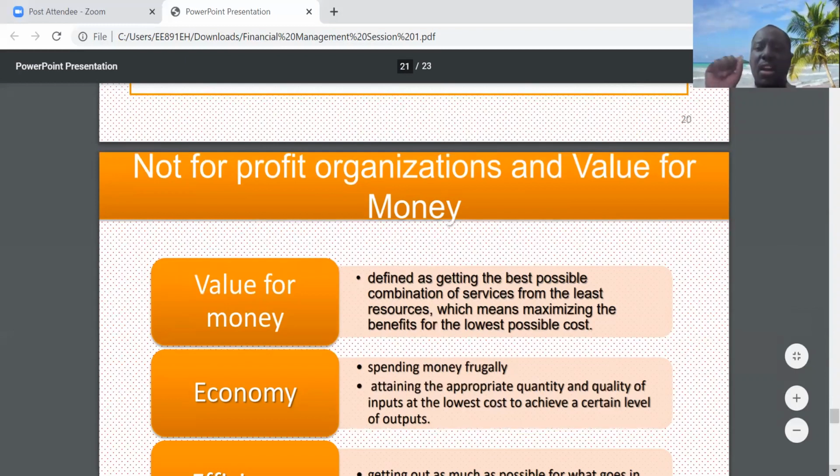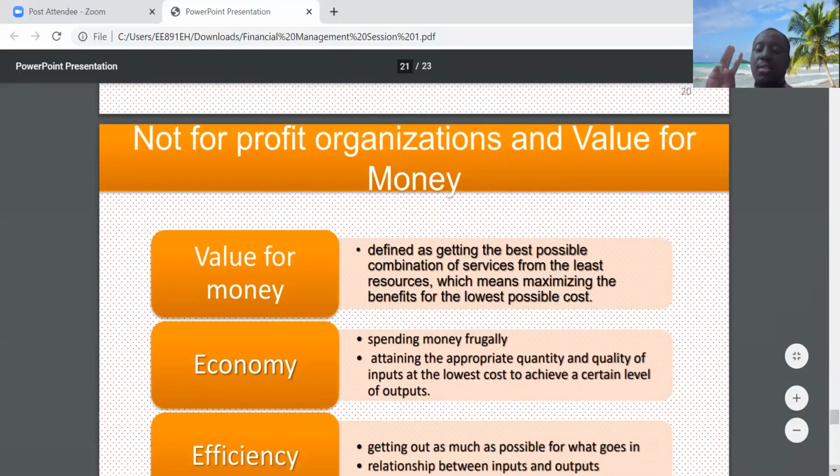So they manage their resources with a concept called value for money, which means you are getting the best possible combination of services from the least possible resources. So basically, you are maximizing your benefits at a very, very low cost. Value for money: maximizing your benefits for the least possible cost.